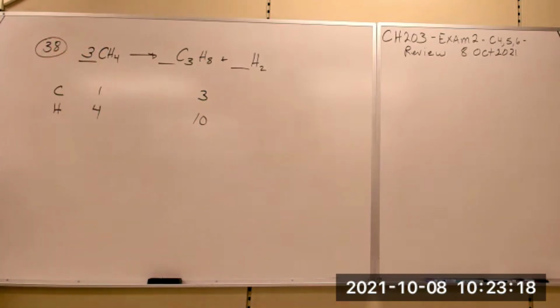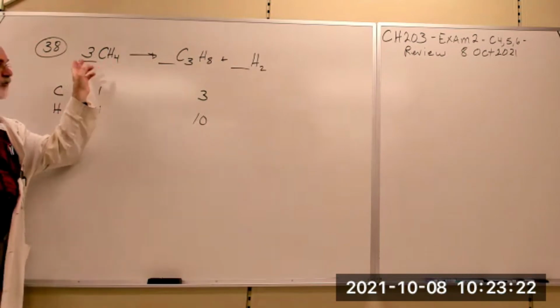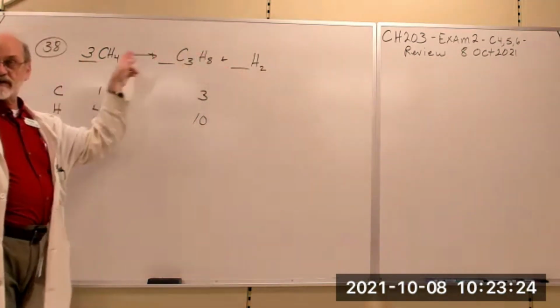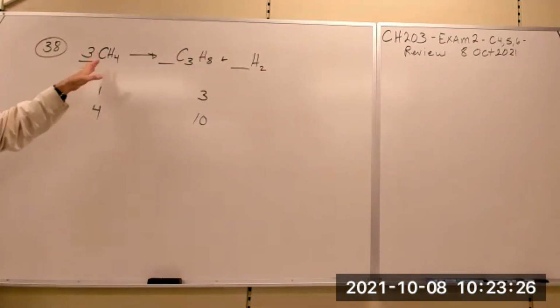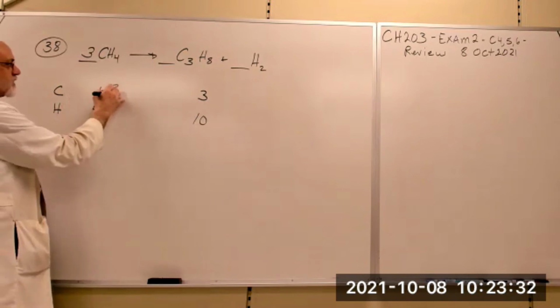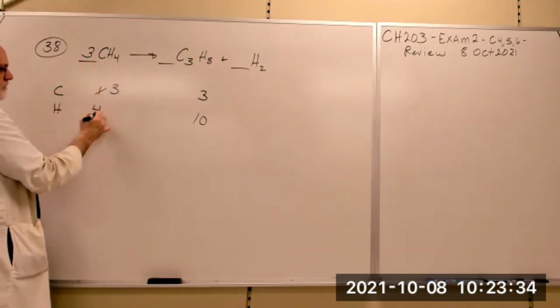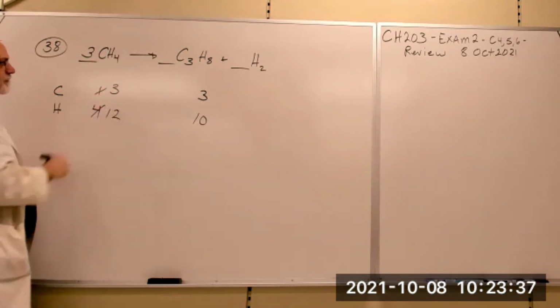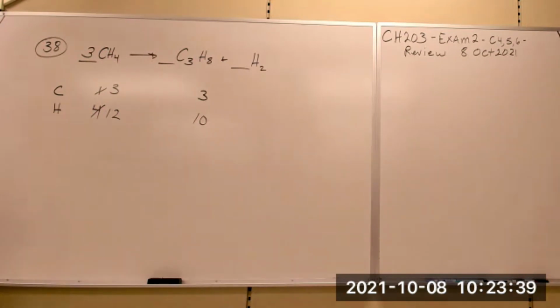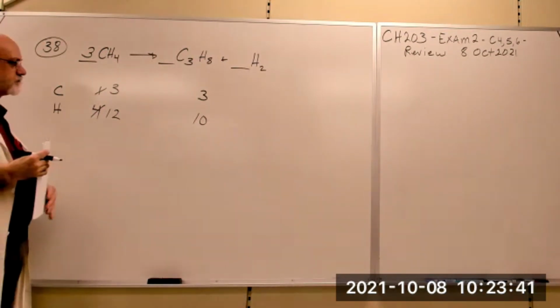Coefficients only. You can't change the subscripts. Once you've written these elements and compounds correctly, then the only way to balance it is with coefficients. So this gives us 3 carbons and 12 hydrogens, right? Okay. Now we can balance the hydrogens.